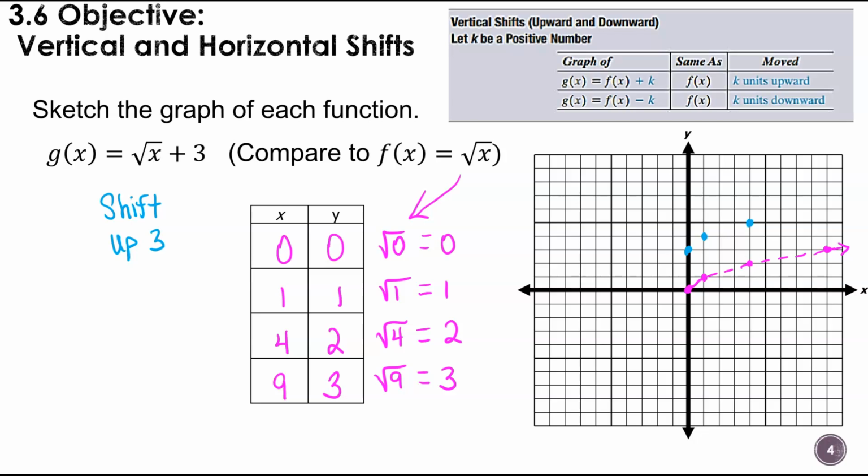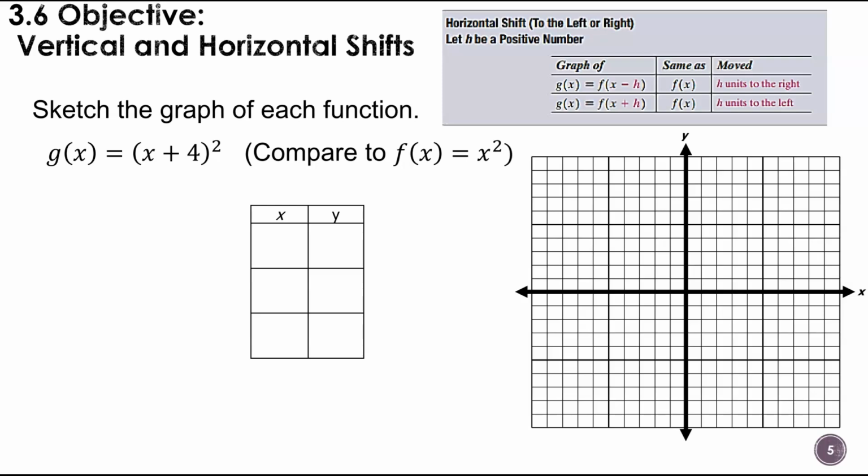Maybe try to hit that a little better. 1, 2, 3, and then we connect that with a nice smooth curve here, hopefully, somewhat. And that's it. That's the blue graph, g of x equals the square root of x plus 3. Okay, moving on.